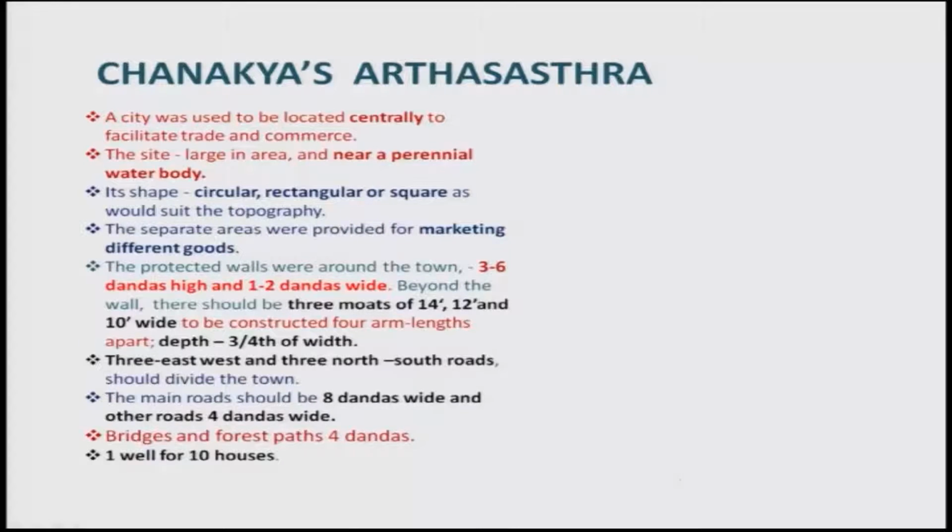According to Chanakya's Arthashastra, the city used to be located centrally to facilitate trade and commerce, as I mentioned earlier, and not only trade and commerce but also farming, and to protect it from enemies. The site must be large enough and near a perennial water body.